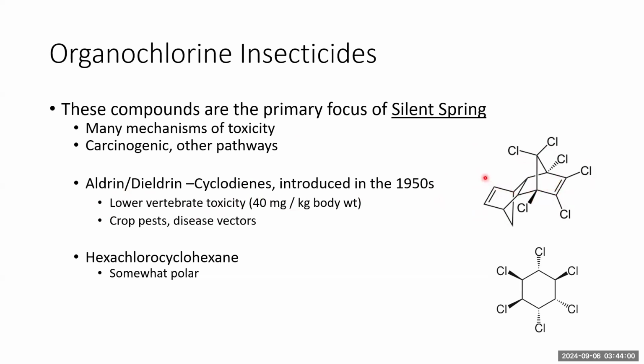These were often used as insecticides, sprayed massively on crops, roadsides. A lot of these compounds were sprayed into tropical areas to combat mosquitoes and other disease vectors, things like that.